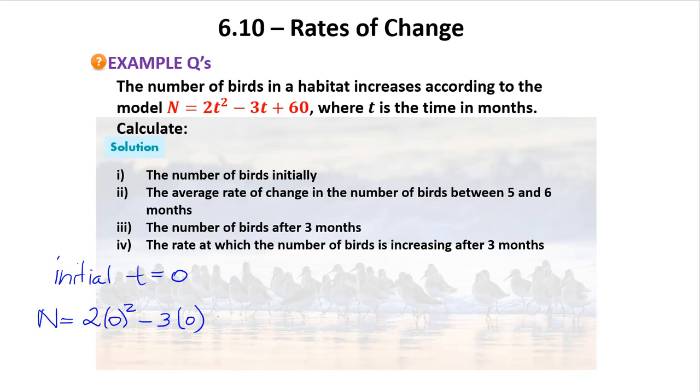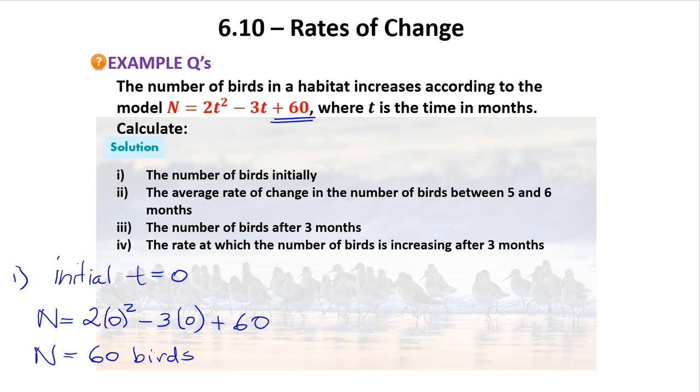Both of those terms will be equal to 0, plus 60. So at t equals 0, or initially, the number of birds is 60. Now keep in mind, in any equation that you ever use, the constant value will be the initial value of the population. If we were to graph this function, this would be the y-intercept, as you already know.